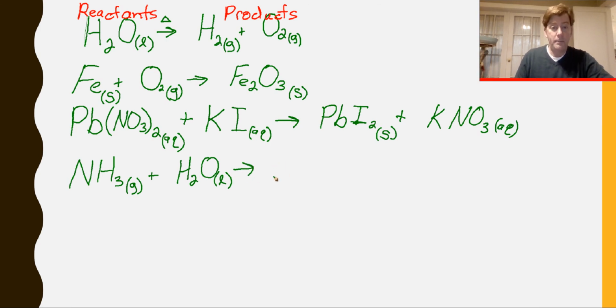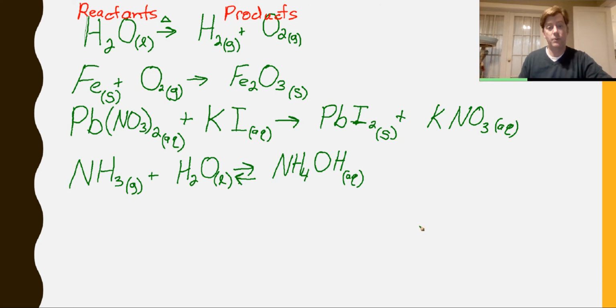And what that would make is ammonium, which is a polyatomic ion, ammonium hydroxide, which would be aqueous. And this reaction is actually a reversible reaction. We'd have that double arrow there showing that. So here's some examples of how to write these out.